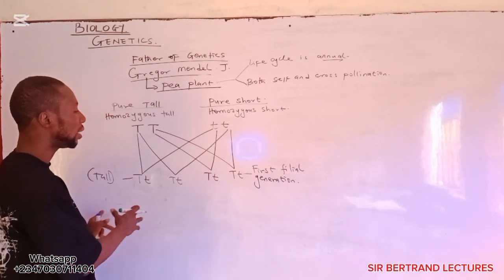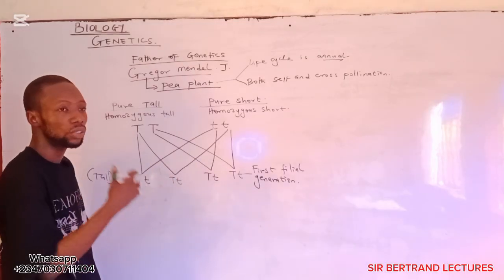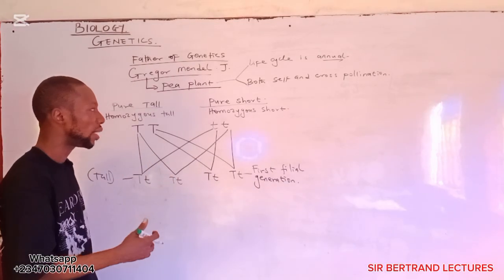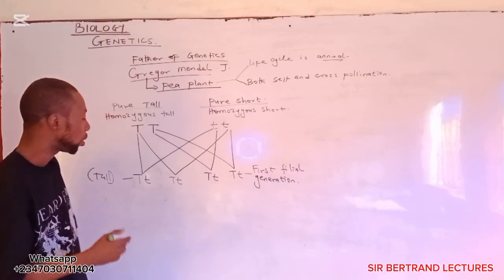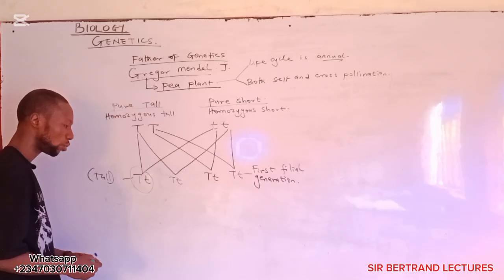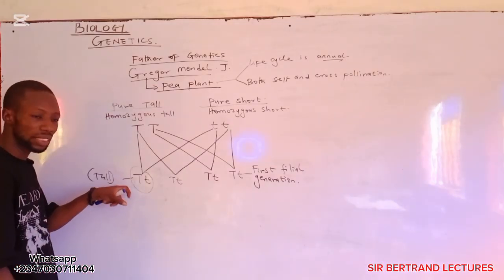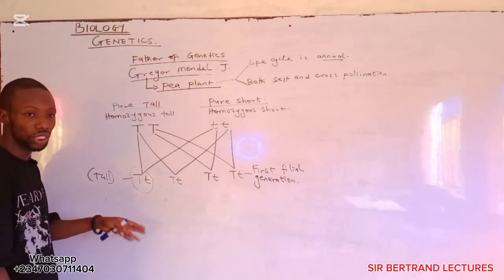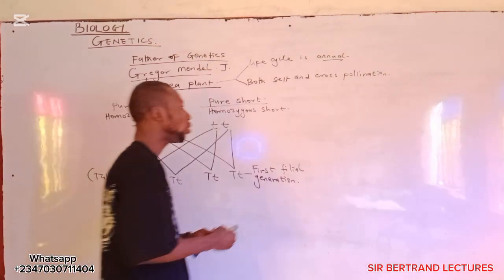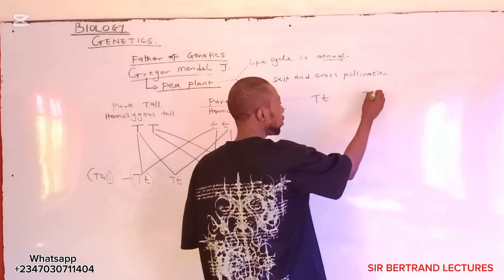All right? But look at the experiment that illustrates what he did here in the second experiment by allowing the plant to undergo self-pollination. Now, if this offspring is to undergo self-pollination, you know that both the male and female gametes of the same plant must have the same gene, right? So he now showed the second experiment here between this and this, right?